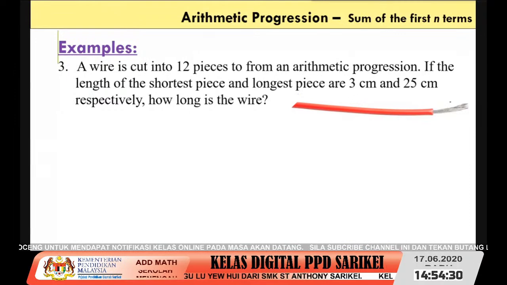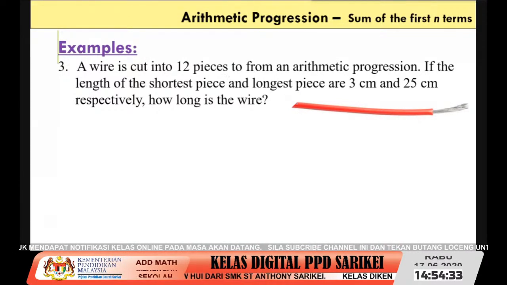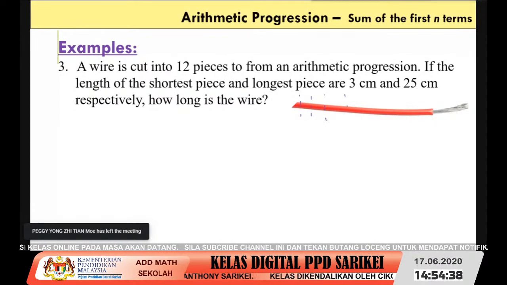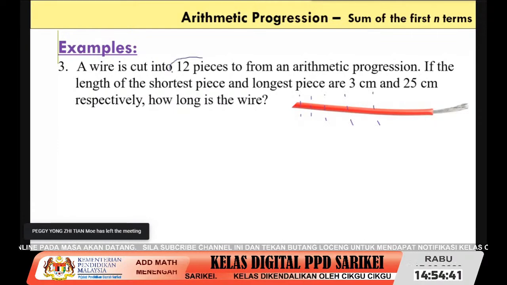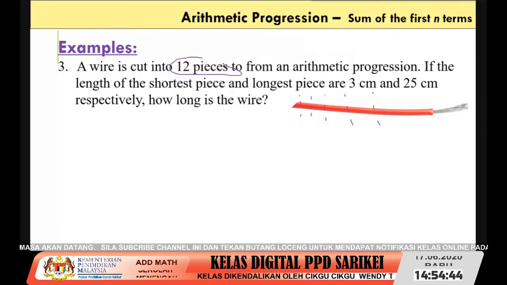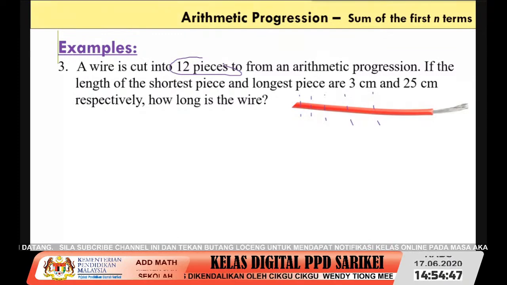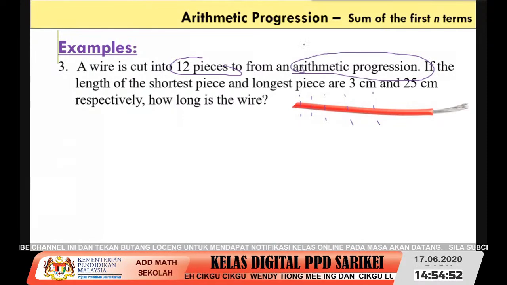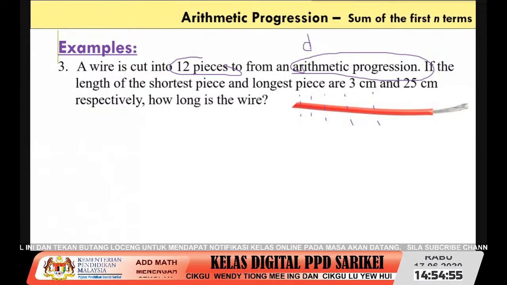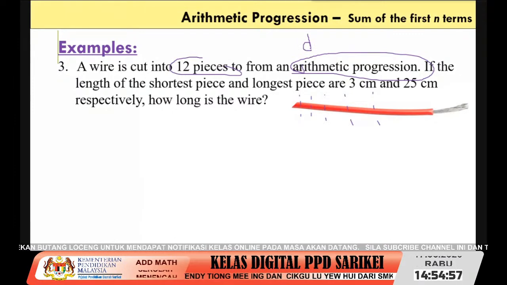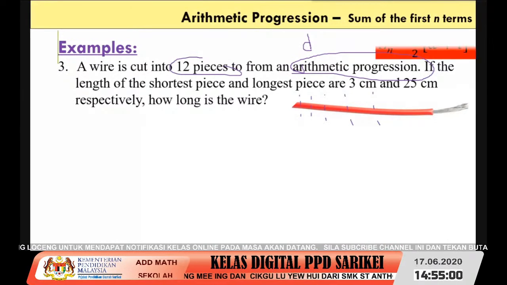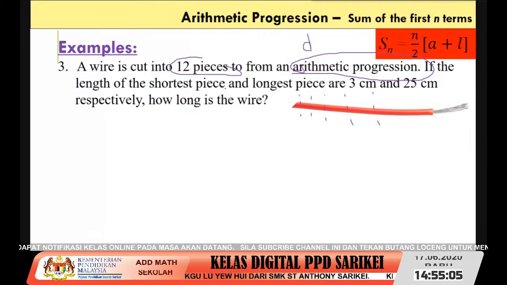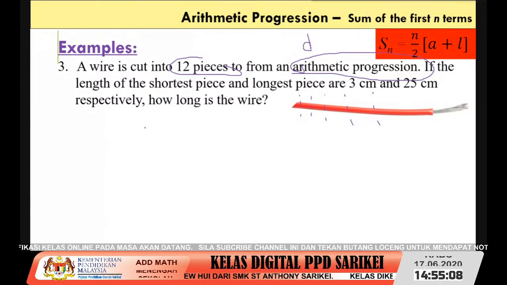So I found a picture of a wire. It is cut into 12 pieces: 1, 2, 3, 4, 5, altogether 12. There is one long wire, cut into 12 pieces, and it forms an arithmetic progression. The arithmetic progression is related to the common difference. If the shortest piece is 3 and the longest is 25.